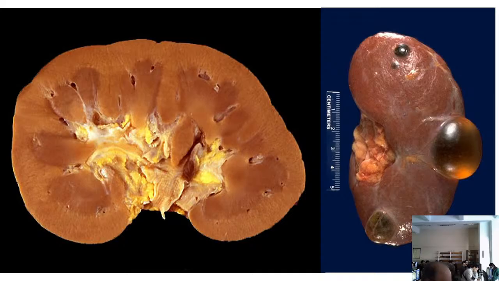Then they go up again in the pyramids, where the straight portions of the nephrons reside, and we have the thin ascending, thick ascending, and then when we reach the cortex again, we have the distal convoluted tubules.